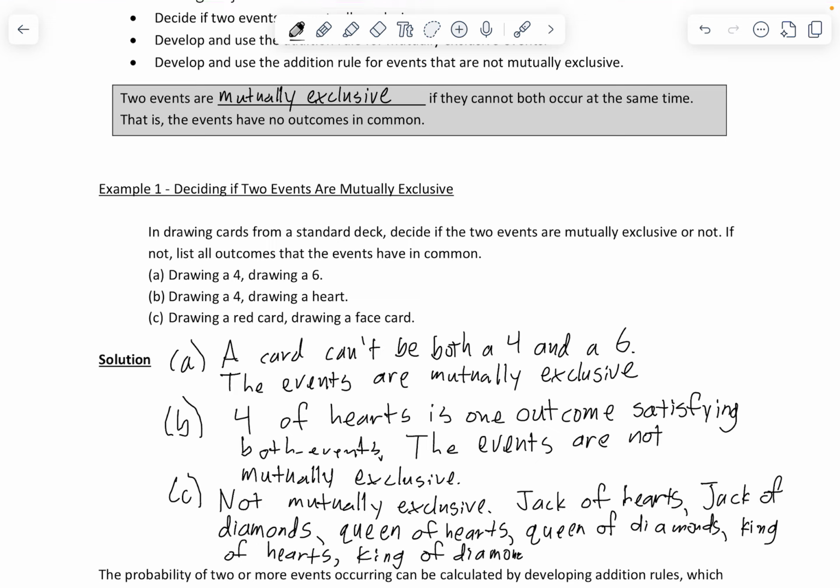So there are 6 outcomes consistent with drawing both a red card and a face card. So those events can both happen, and they are not mutually exclusive.